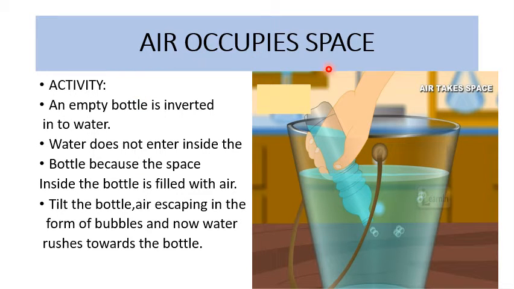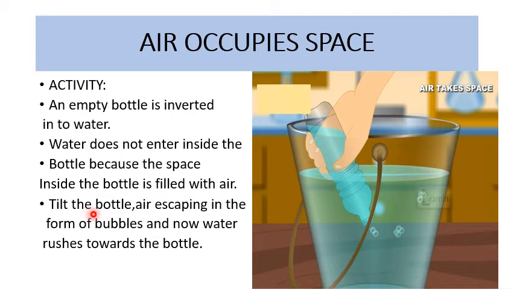Air occupies space. We will prove this by doing one experiment. We take an empty bottle which is inverted into a water bucket. Water does not enter inside the bottle because the space inside the bottle is filled with air.